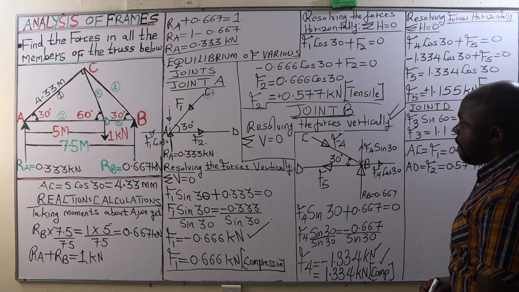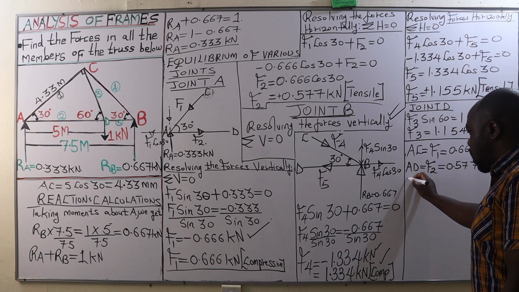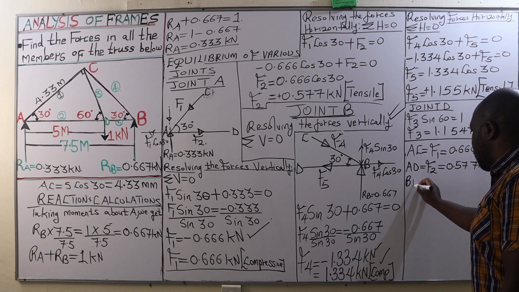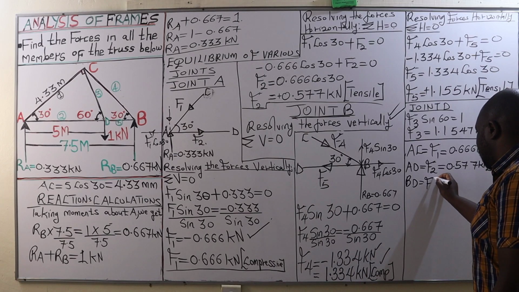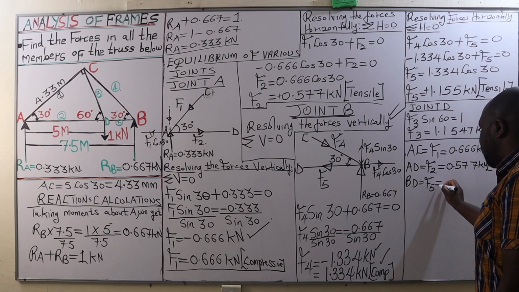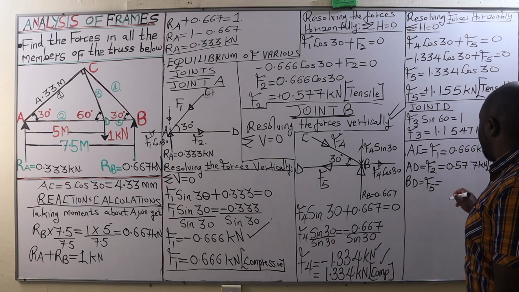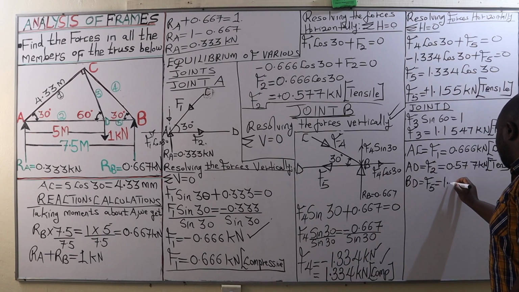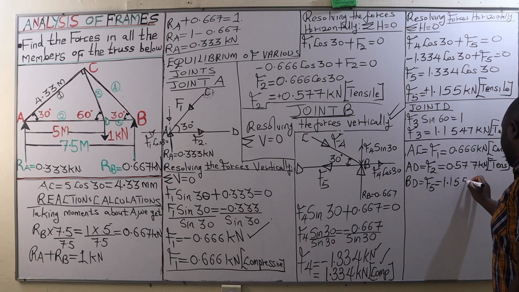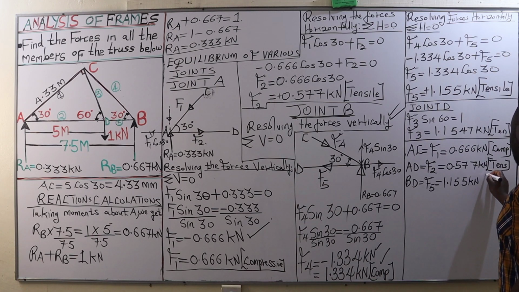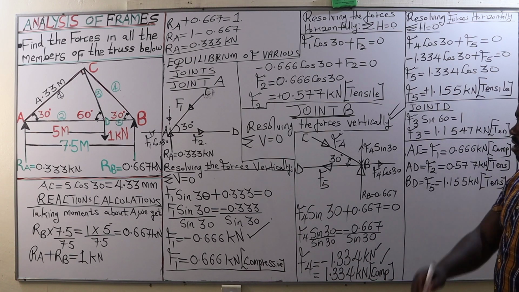On member BD, we got a force F5 whose value is 1.155 kilonewtons, which is a tensile force.